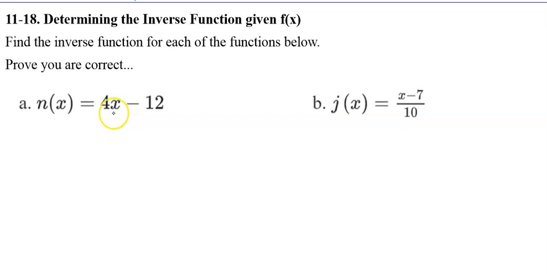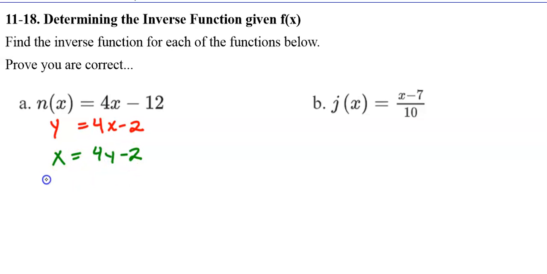So here we have this equation, and we're going to prove that we are correct by putting in a number. So this is going to be y is equal to 4x minus 12. That's our original. Switch our x's and y's, which then gives us x is equal to 4y minus 2. It's a direct swap.